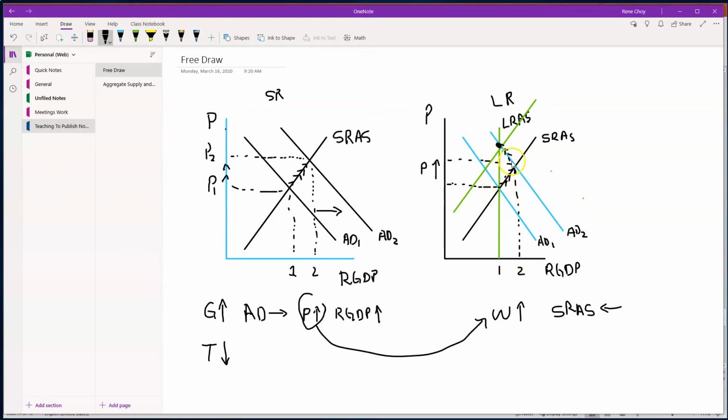Now notice that as we are moving in the long run upwards here, you're going to see a slowdown in economic activity. So your economy is going to experience an expansion followed by a recession in the long run.